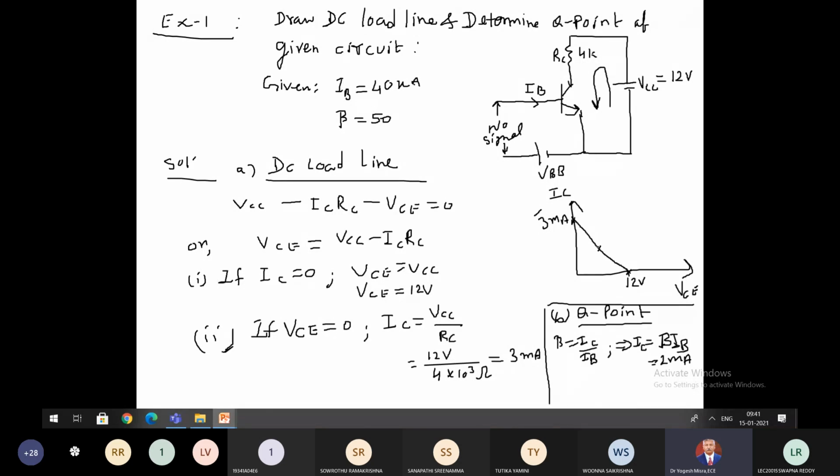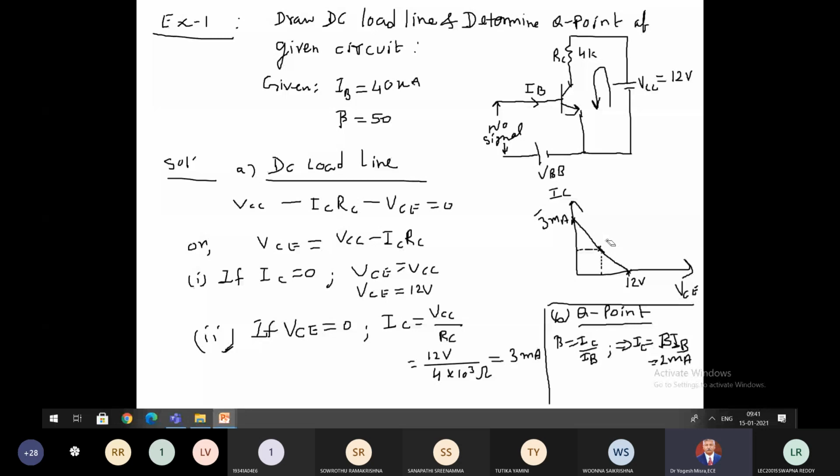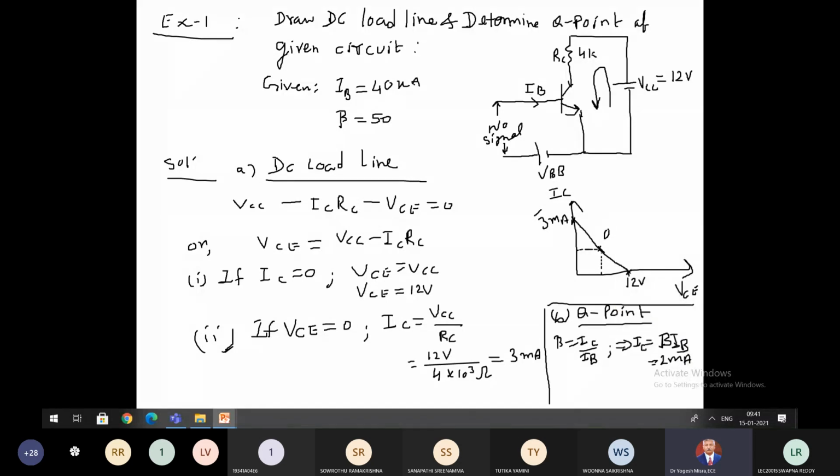See, Q point will be somewhere here, which will have some value of IC and which will have some value of VCE. This is your Q point.